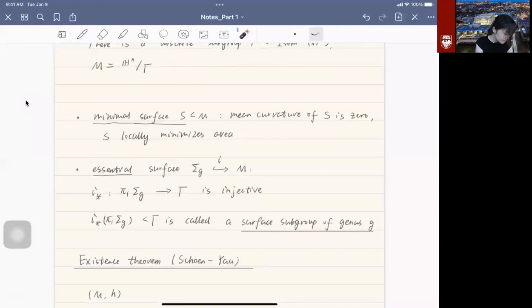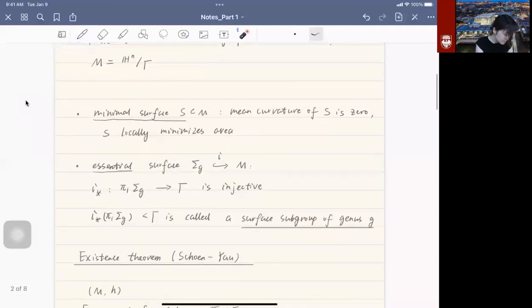Okay, and now we say the surface is essential if we have the following properties. Here, the surface Sigma_g means that we have a surface in M whose genus is equal to g.